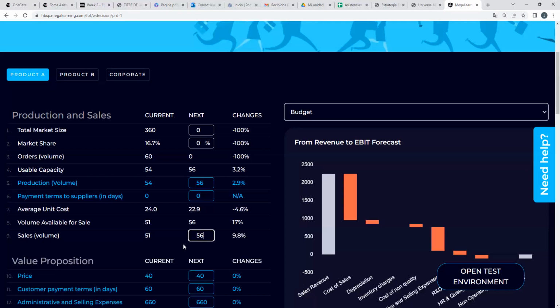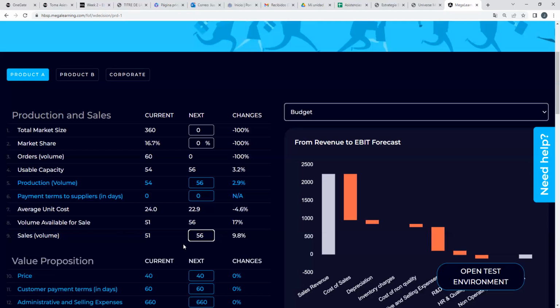Payment terms of suppliers. As I said, you guys are paying your supplier of raw material of A immediately. Once he delivers the raw material, you pay immediately. If you want to improve your cash flow, you can increase the payment terms here. You can pay him later. Yes. The trade-off is if you pay him later, he is going to charge you an extra cost.